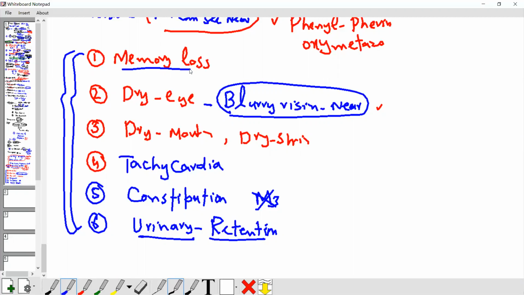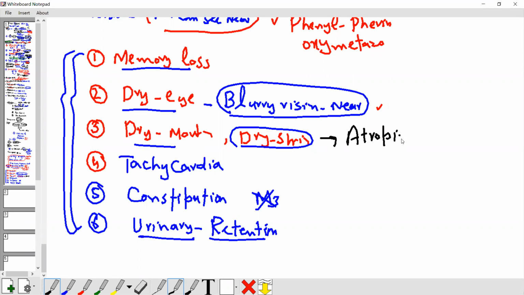Memory loss, dry eye, dry skin. If you have dry skin, what happens with your body temperature? Hot, high, increased. Body temperature high: atropine fever. Can you explain this terminology? Atropine causes decreased sweating.